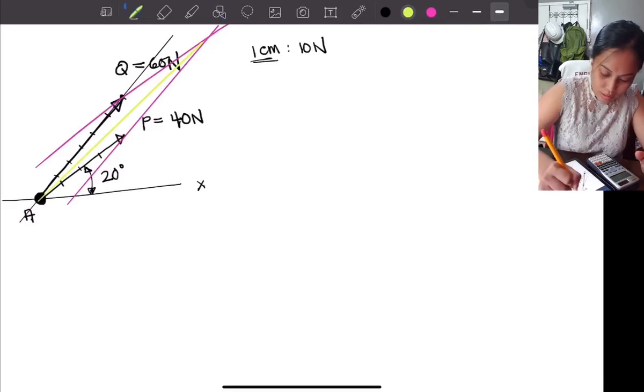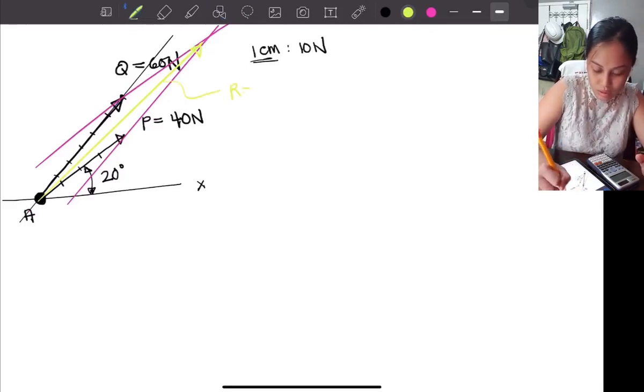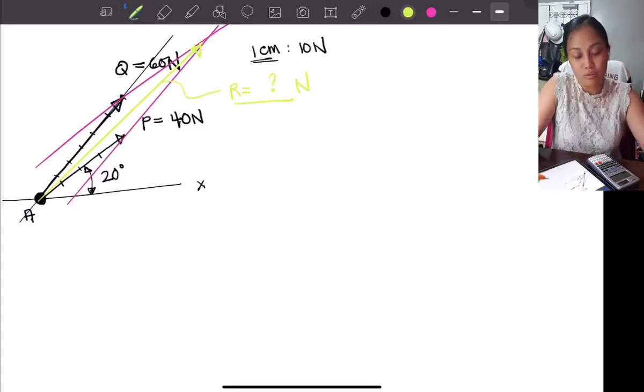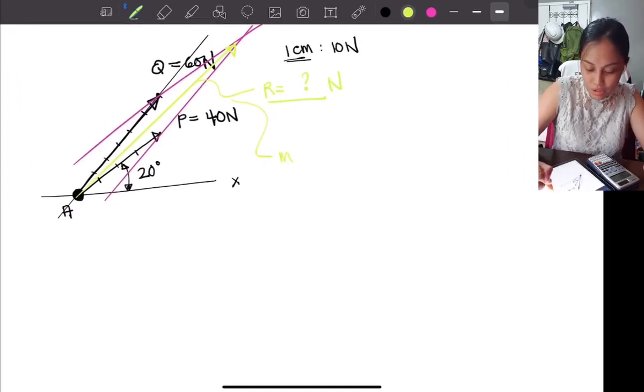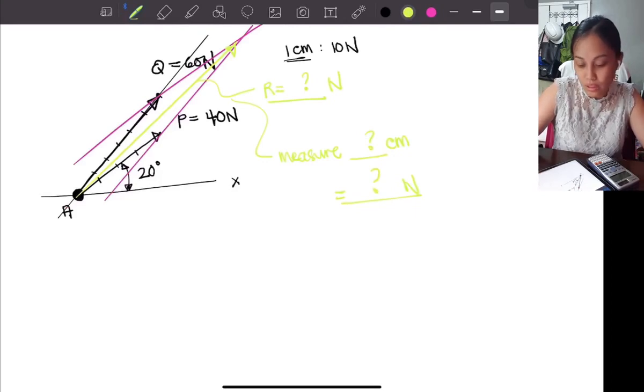This is now the resultant force. What is its magnitude? You need to measure it: how many centimeters it is, and then its equivalent magnitude in newtons.